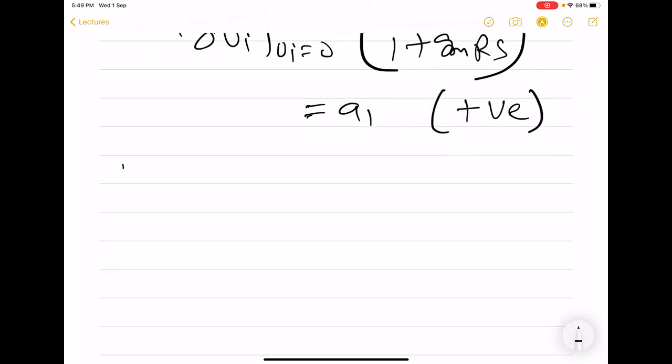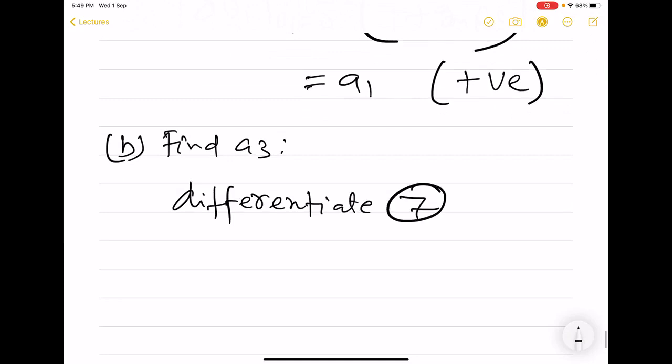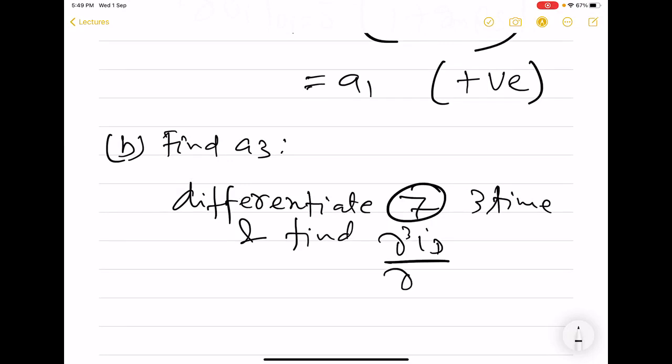Similarly, now finding A3 will involve differentiating equation 7 three times and finding del cube ID by del Vi cube for Vi equal to 0.